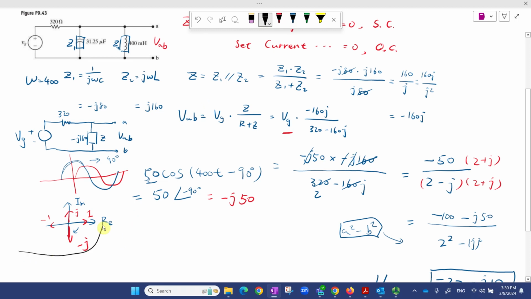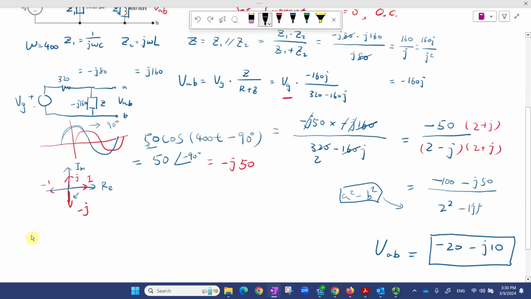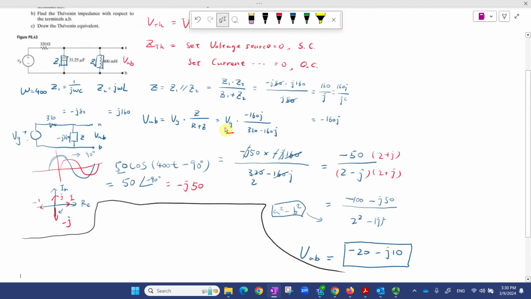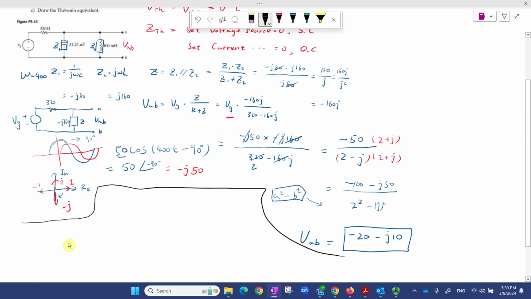So for part B, we're going to set that one to a short circuit. Then it's just a short circuit, and we have this Z1 and this Z2. We all know how much they are. So that's the A and B.